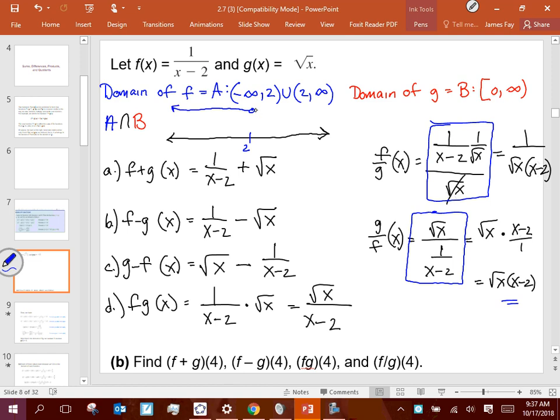And it should be everything to the left of 2 and everything to the right of 2. That's the A set, or the domain that came from f. When I look at B, now I find 0. Maybe 0 is right here. What kind of dot would I use at 0? Closed. And there's going to be those values there, right?